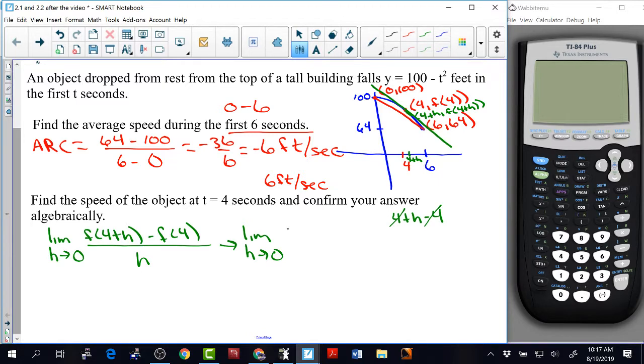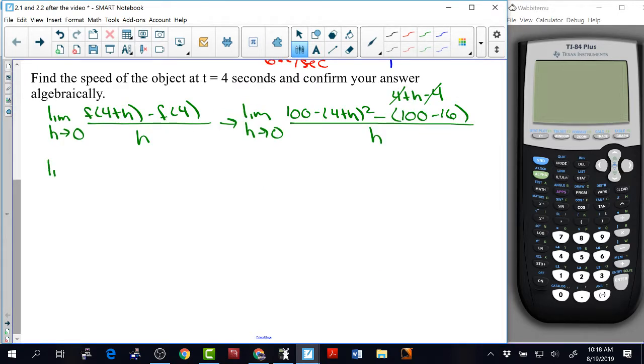We're going to plug in 4 plus h: 100 minus (4 plus h) squared, minus (100 minus 16), all over h. We can't plug 0 in for h yet because h is in the denominator and we can't have 0 in the denominator. Let's keep working this out.